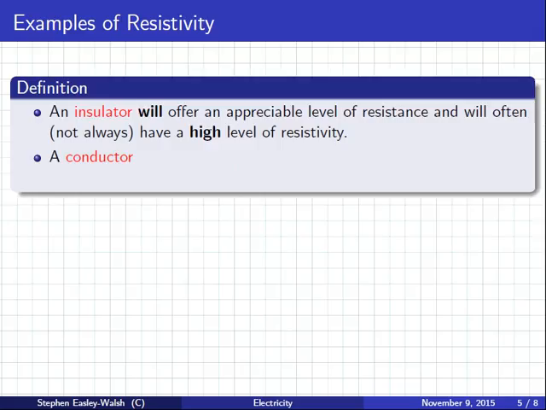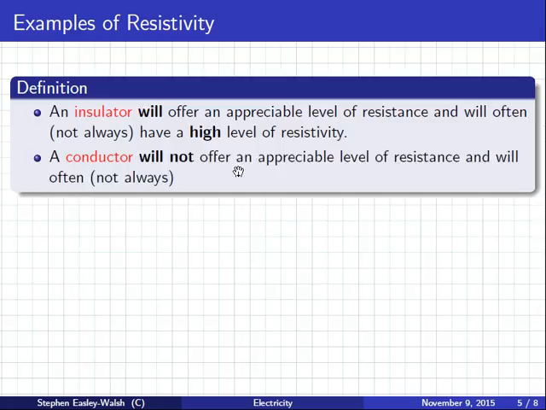Okay, a conductor. What do you think we can say about a conductor then? It has electric charge. We have less resistance. Yeah, so it will not offer much resistance and will often have a low resistivity.